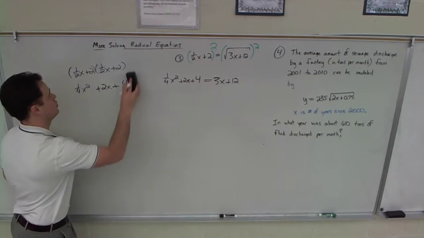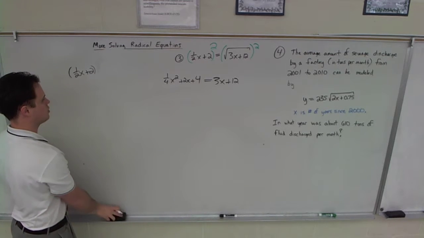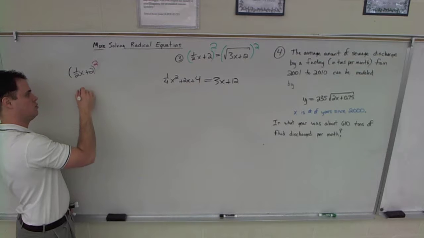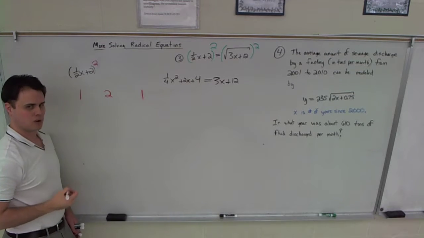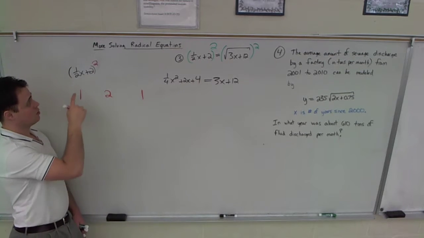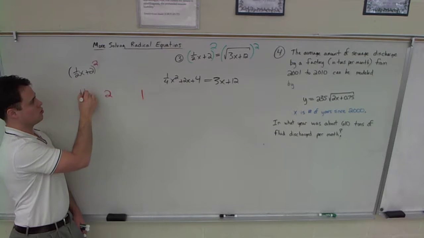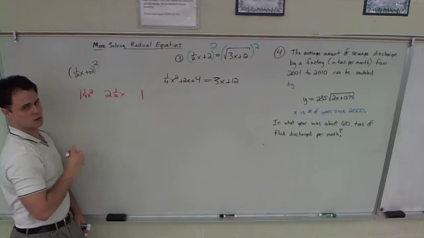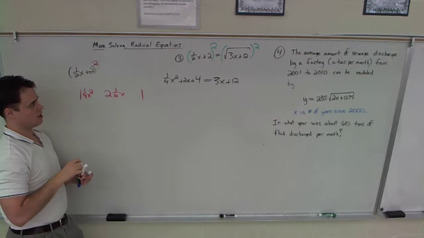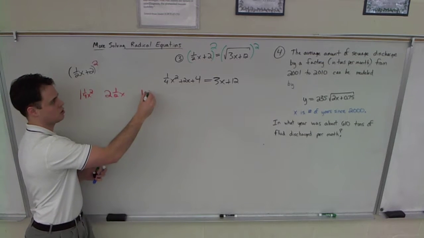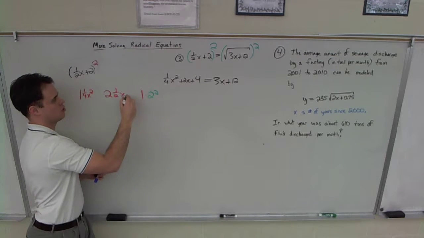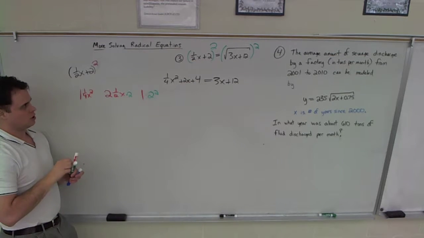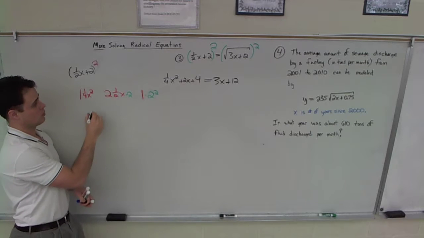You could say, well, really, that's just 1, 2, 1 for Pascal's triangle. First thing squared is 1/4 x squared. Walk it down. Last thing squared is 4, or you could put 2 squared. Walk it up, and you'll get the same answer.